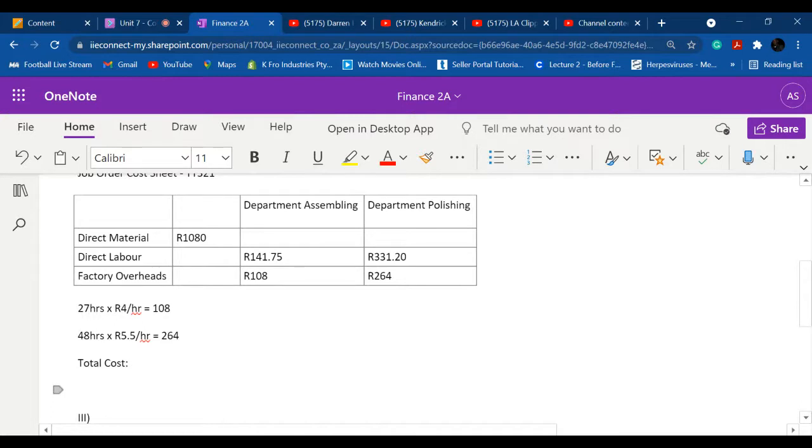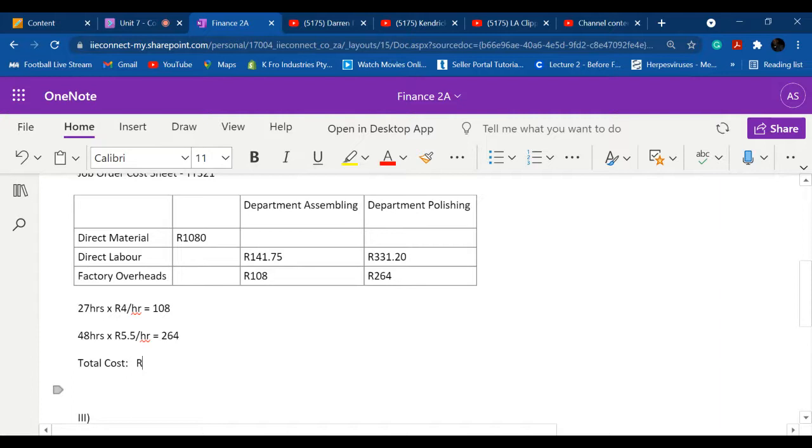So plus 1080, plus 141.5, plus 108, and then plus 4.